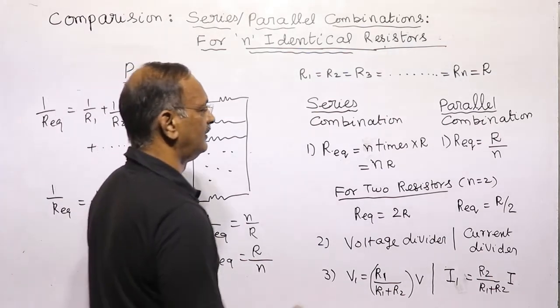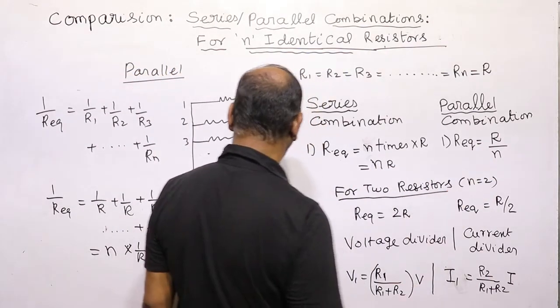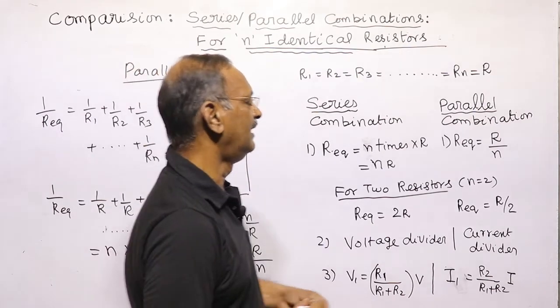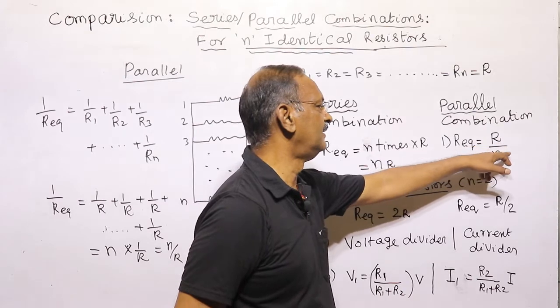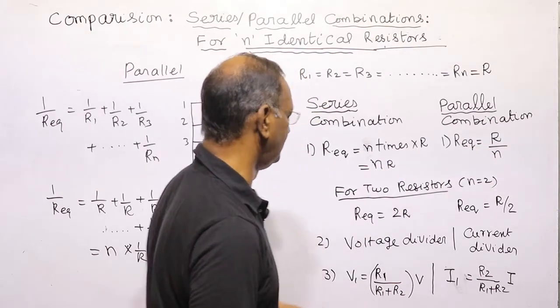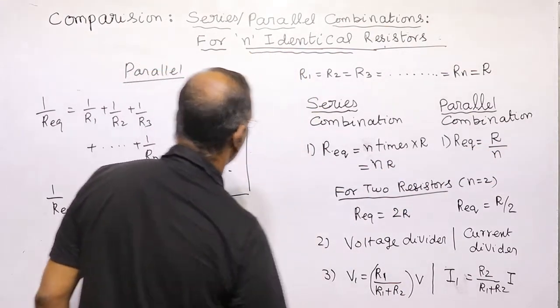So, R equivalent is equal to R by n. It means in parallel combination, the resistor value decreases. In series combination, the resistor value increases.